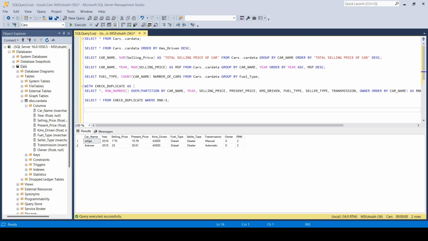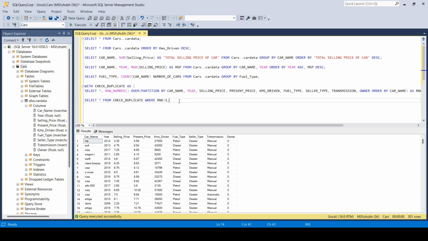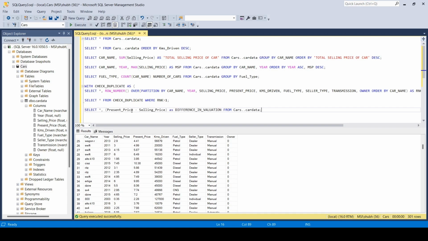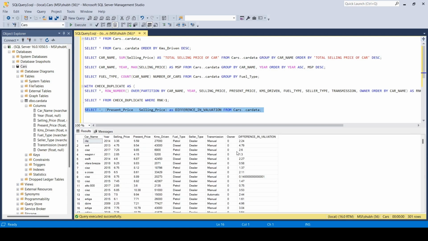We can compare present price and selling price. So we can see there is an increase. So not a single car's valuation has been down.